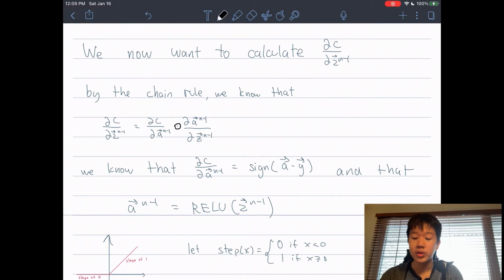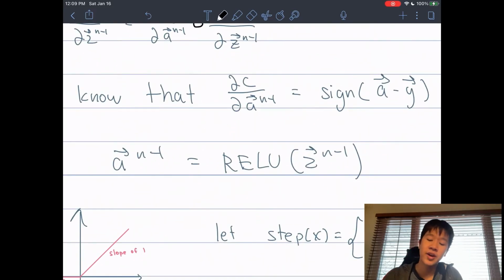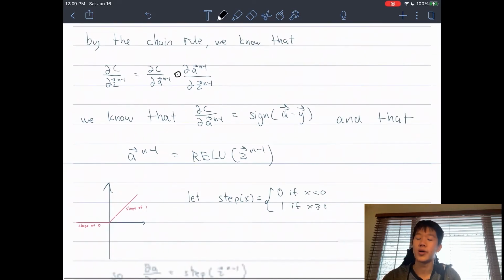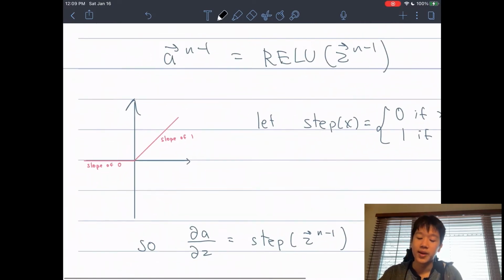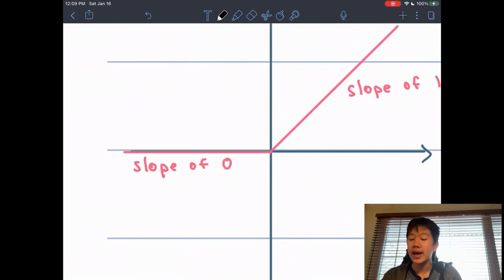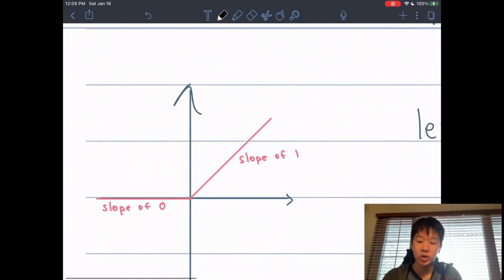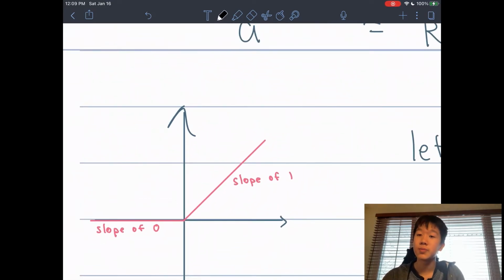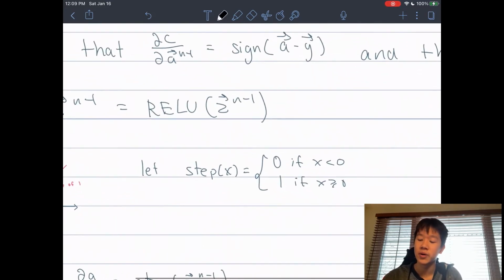We know that del c over del a n minus 1 is equal to sign of a minus y, as we just showed, and that a of n minus 1 is equal to ReLU of z n minus 1. If you look at ReLU, when x is smaller than 0, we have a slope of 0, and when it is bigger than 0, we have a slope of 1.